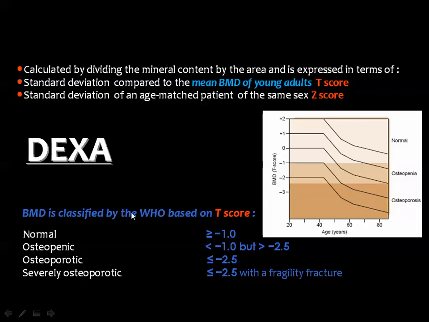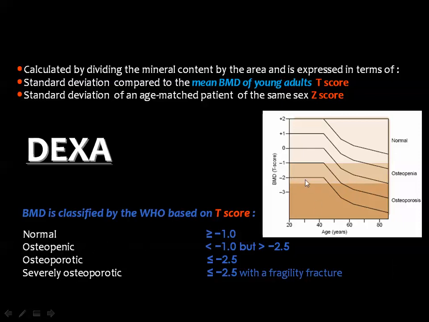Then the T-score, as stated, is based on WHO measurements. If it is in the range of -1, that's to say that you are here in this area, and this is normal. If you go lower down from -1 to -2.5, then this is osteopenia.